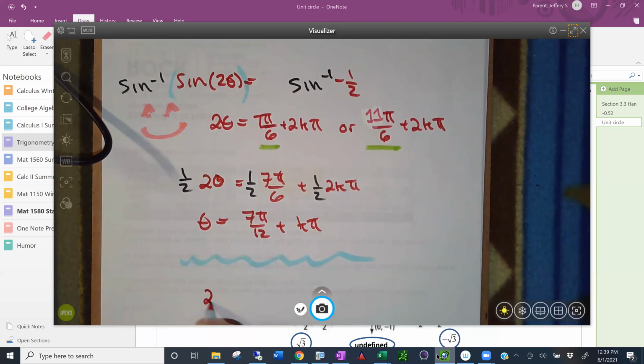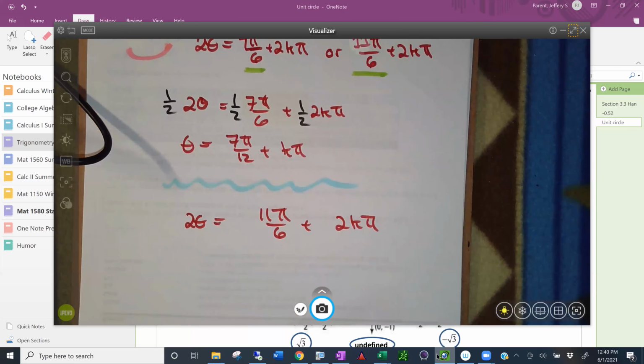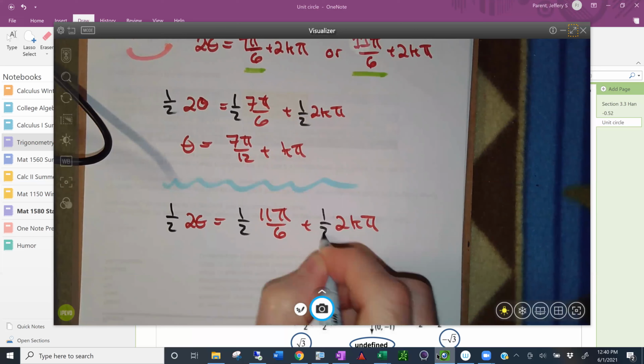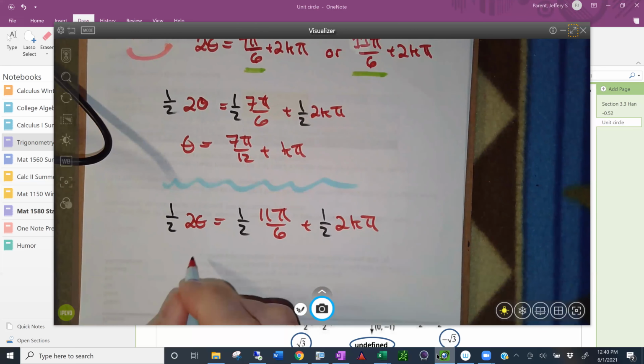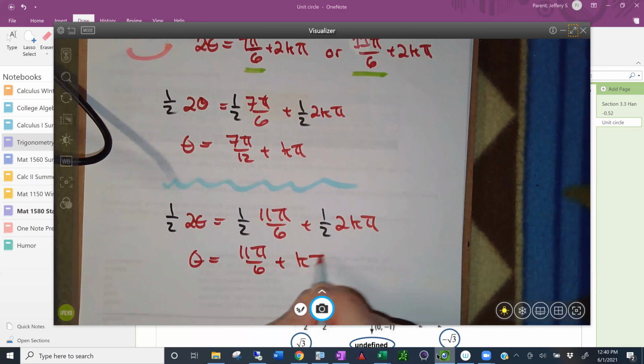I'll start out with 2 theta equals 11 pi over 6 plus 2k pi. And once again, I'm going to multiply by the reciprocal here, 1/2. That's going to simplify to 11 pi over 12 plus k pi.